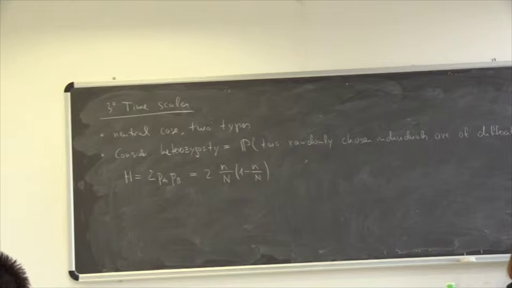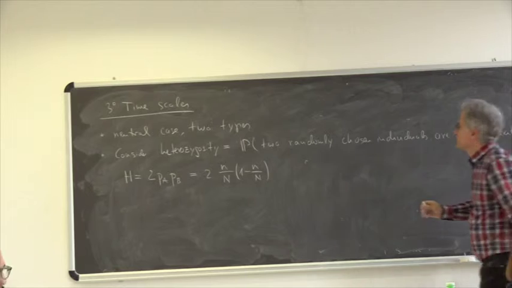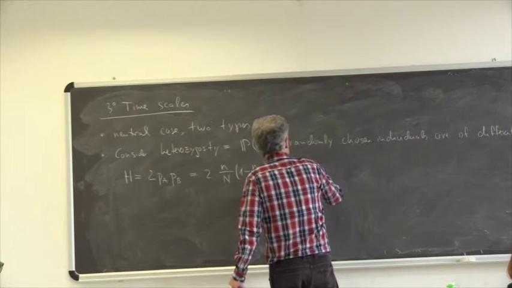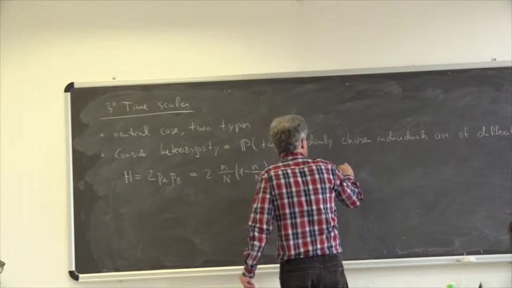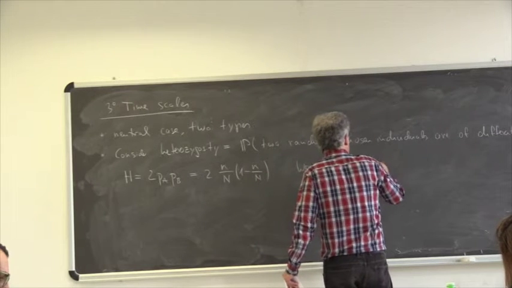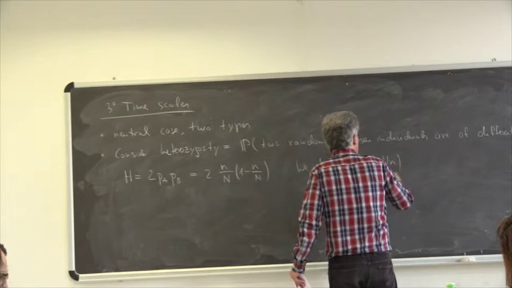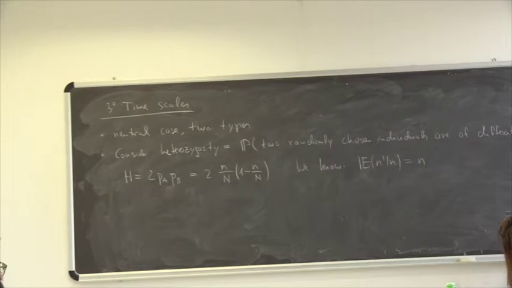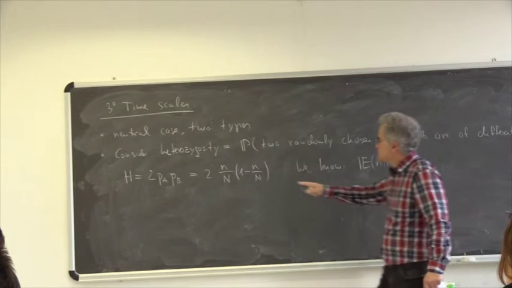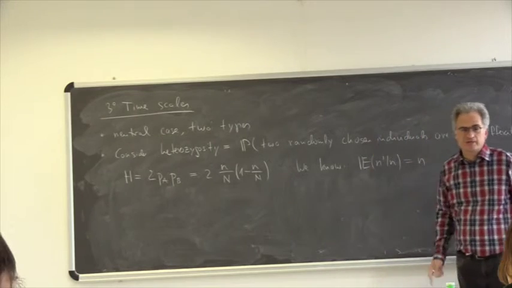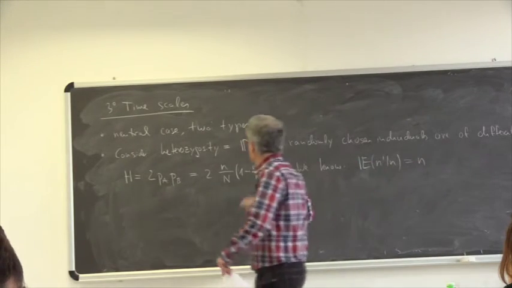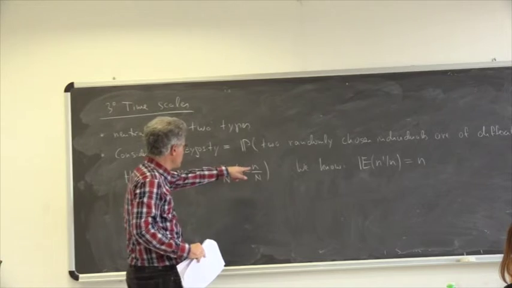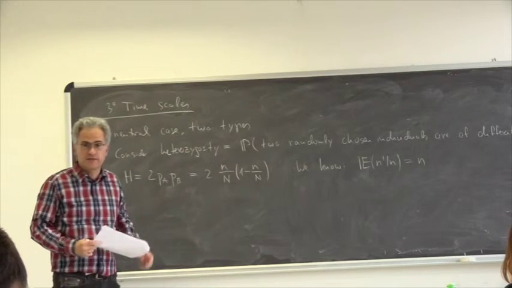Now, you might think that, because we know this martingale property, that if I now propagate this, for example, according to the Wright-Fisher model, the average value of small n will not change, right? So you might think that this also means that the heterozygosity doesn't change, but this is not quite right, because the heterozygosity is not a linear function of small n, because it contains also the second moment, right?